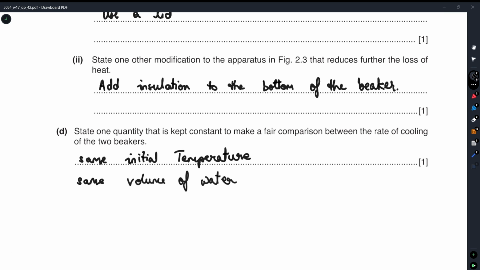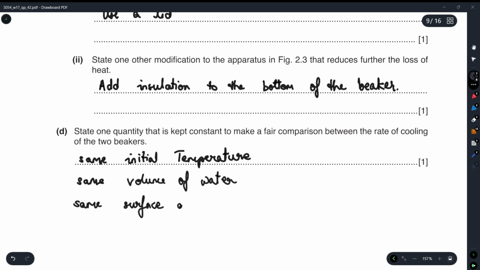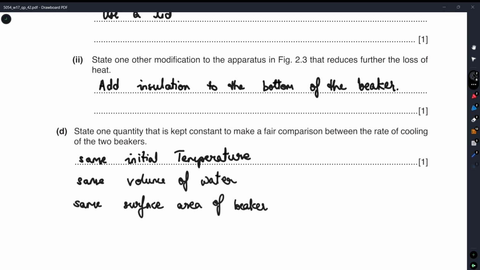Okay. Same surface area of beaker. Obviously, if the surface area of the beaker changes, the amount of heat loss will also change.